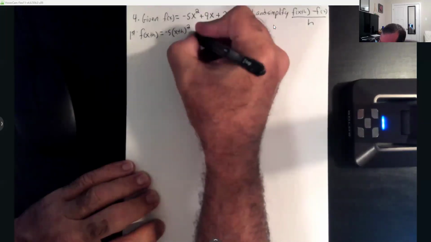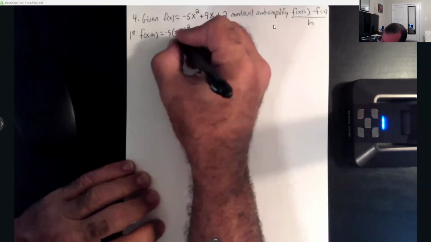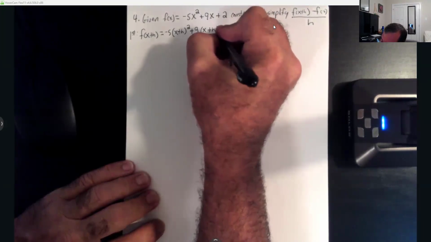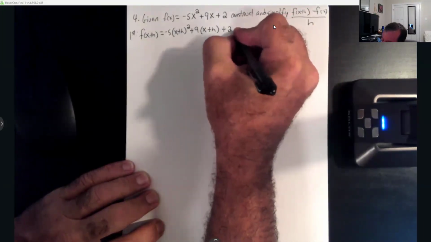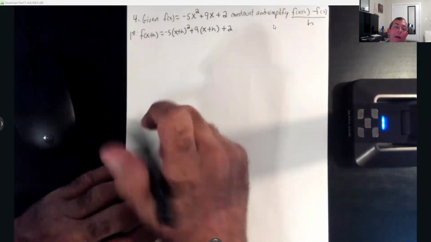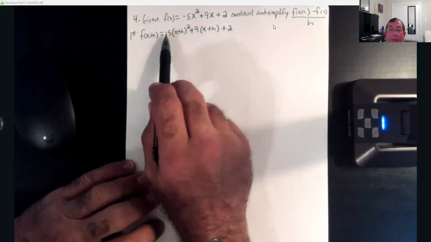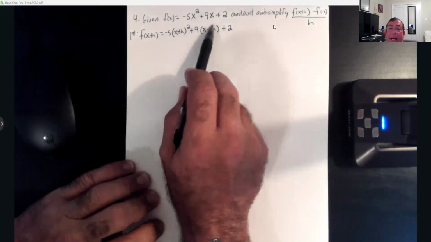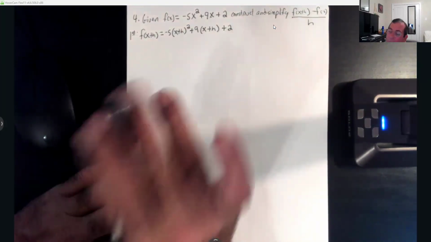And then it's plus 9 times x. But once again, I got to put in my x plus h. And then at the end is a plus 2. So f of x plus h looks like f of x because I got negative 5 times my x, 9 times my x, and then plus my 2. All righty.